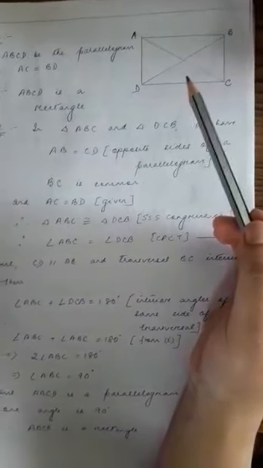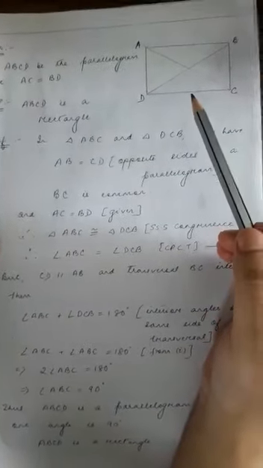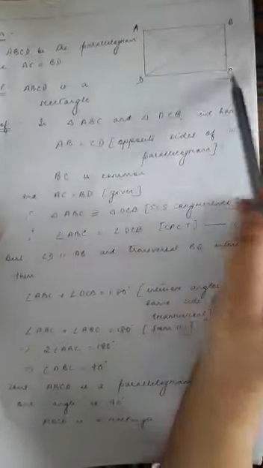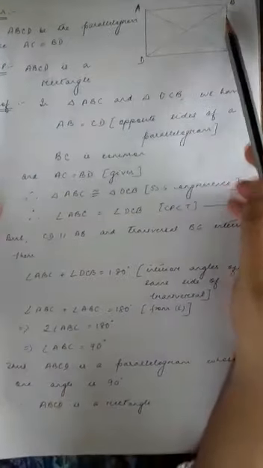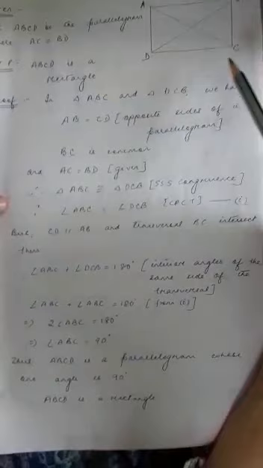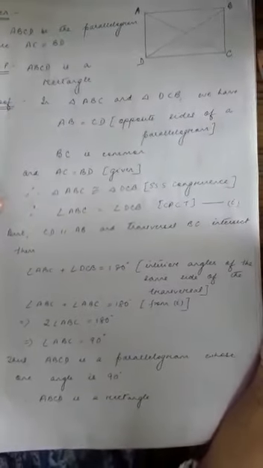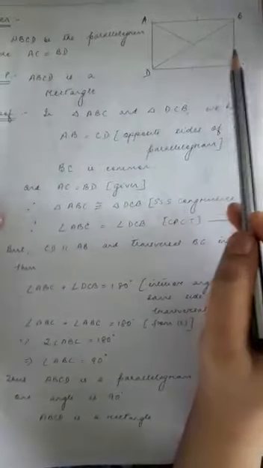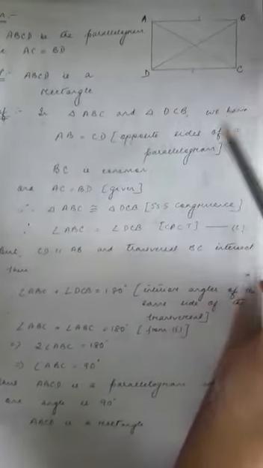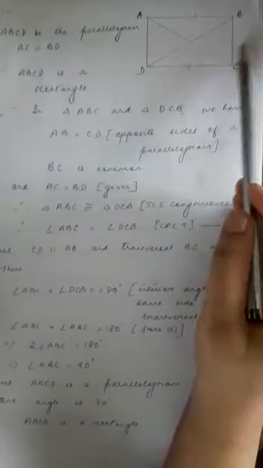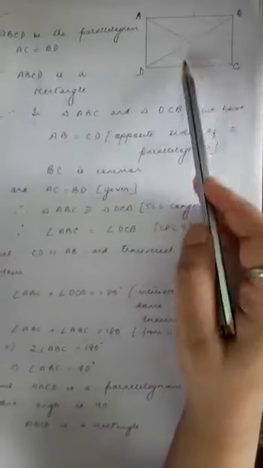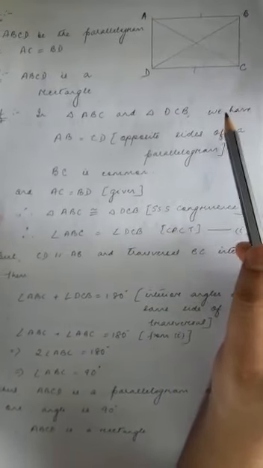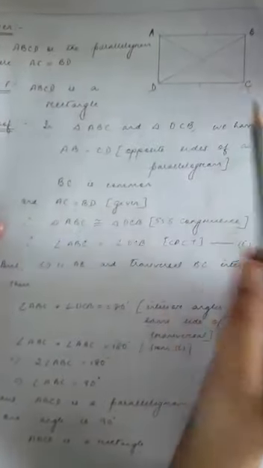To prove this, let us first take two triangles, one is ABC and the other is DCB. From these two triangles, AB is equal to CD. Why? Because this is a parallelogram and the opposite sides of a parallelogram are equal. Again, BC is common. BC is the common side between these two triangles. And AC is equal to BD. It is given that the diagonals are equal.